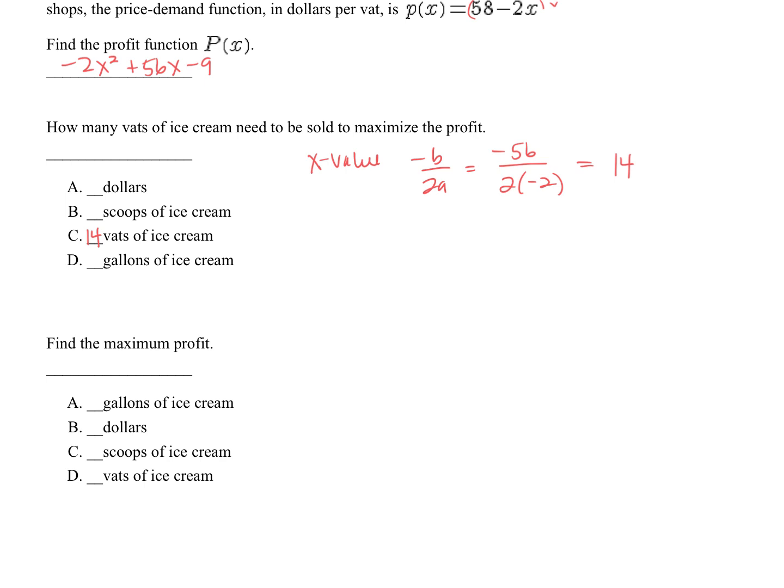Okay, and then the next one, find the maximum profit. So we would take 14 and plug it in. So our profit function is going to be maximized if we sell 14. So we're going to plug in 14 for X. And let's see what we get.